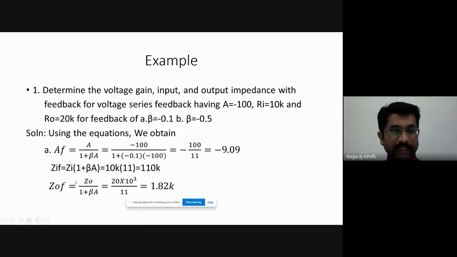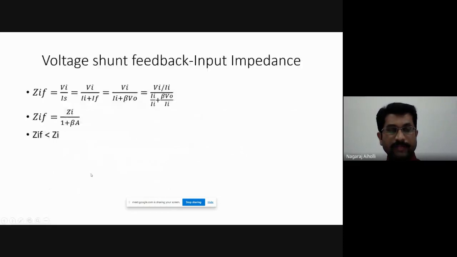Fine. Next, find out input impedance with feedback. That is Zif is equal to Zi into 1 plus beta A. The equation is Zif is equal to Zi into 1 plus beta A. Substitute the values and find out. Tell me the answer, how much you are getting.